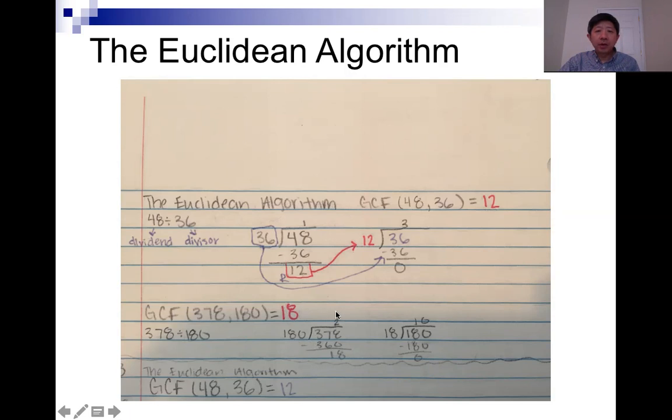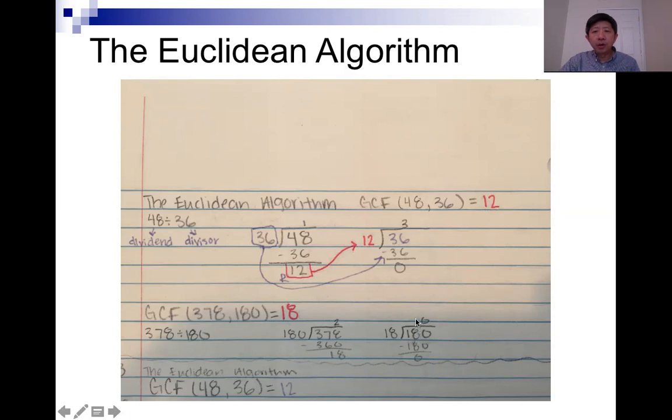I feel the number is 2. 2 times 180 is 360, and then I got a remainder of 18. So I move 18 to where? To here, as the divisor. Now I move 180 to inside, put it inside here.